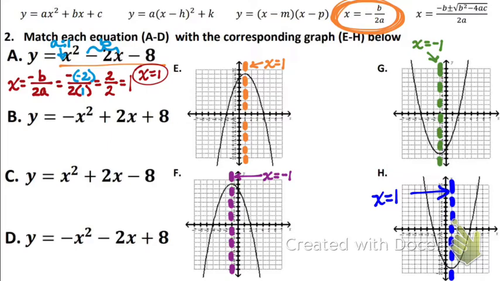We've got two different ways we could narrow this down. Which way is it opening? Which piece determines that? A, the one next to x squared. If this is a positive, it opens up.